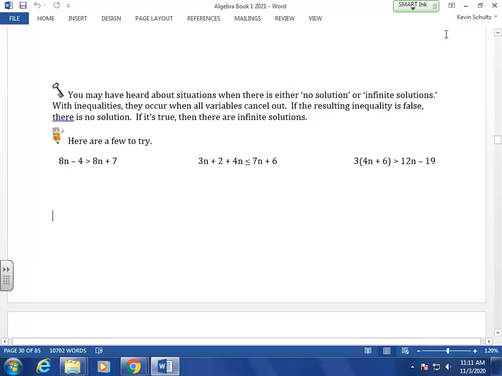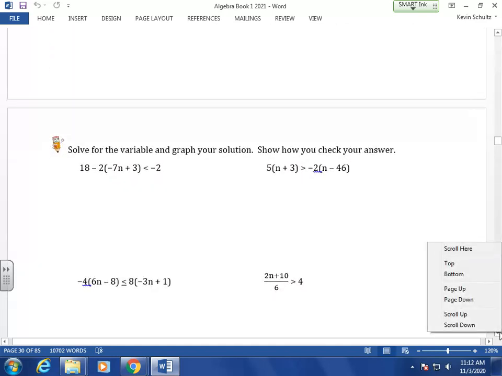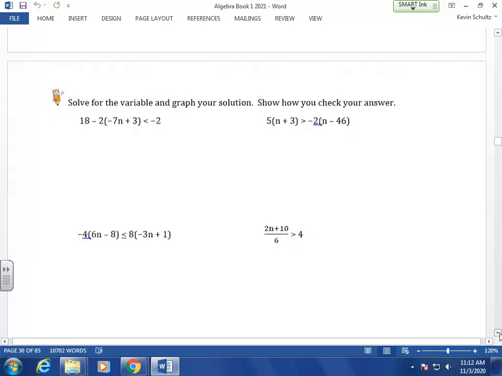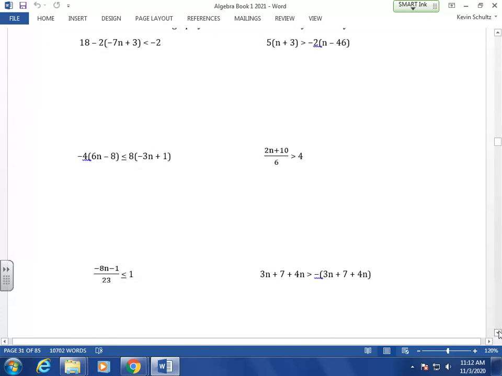Second page, we did a couple of these together. Did we do the first one? I don't remember either. I'll just do all of them. So this first one, the thing to avoid was right off the bat subtracting 18 and 2 to get a coefficient of 16. That's a problem because it would mean you subtracted before you multiplied. So your first step is to distribute the negative 2.